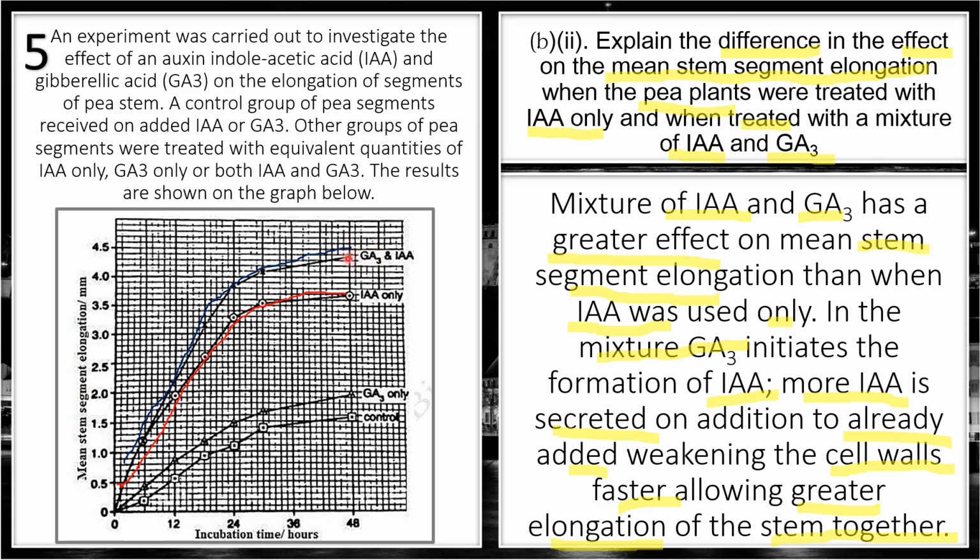And when it is put with gibberellic acid, which has the effect of causing further formation of indoleacetic acid, we shall have more indoleacetic acid, which is going to cause further weakening of more cell walls and therefore faster, greater elongation of the stem in the combination.